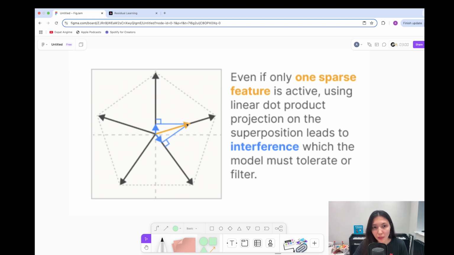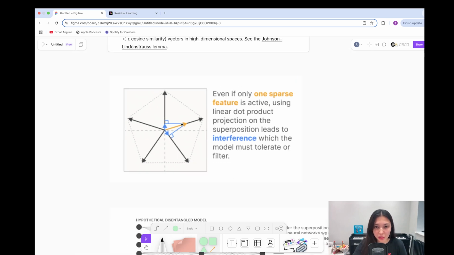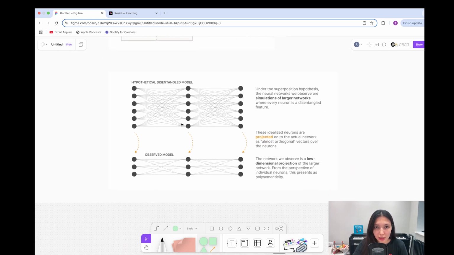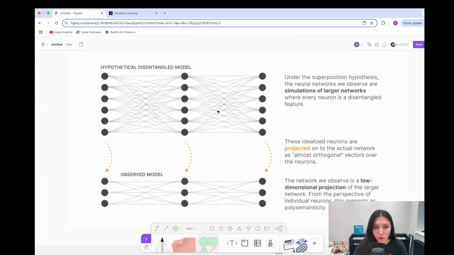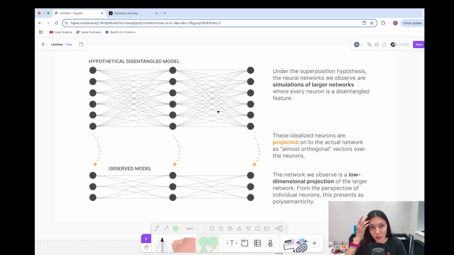However, the values for other features are also not 0 because these features are not orthogonal. And this is the cost that the model pays for the opportunity to represent more features. And in the next videos, we will see how sparsity and nonlinear activations help to outweigh the costs and get more benefits from this.